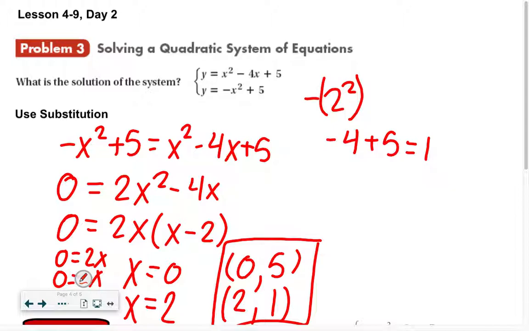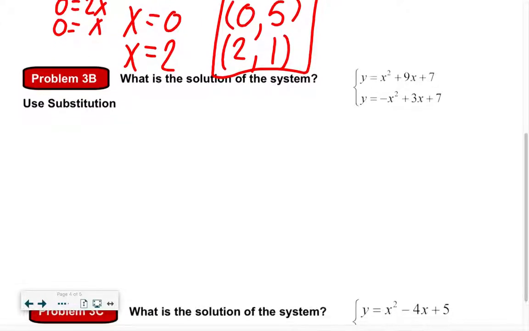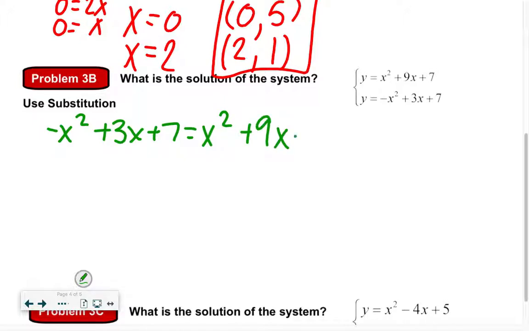Okay, next one. Again, we're going to substitute, which means I have to set them equal. So I have negative x squared plus 3x plus 7 equals, oops, it's not a negative, x squared plus 9x plus 7.